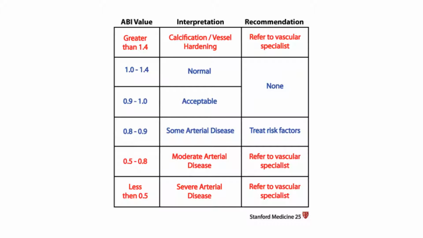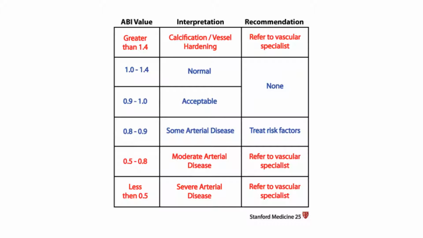The value can be greater than 1.4. These patients are also referred to a vascular specialist because really they should not be above 1.4. If it's above, then it could be related to the calcification of the arteries, and the arteries are not compressible, and this is common in diabetic patients.